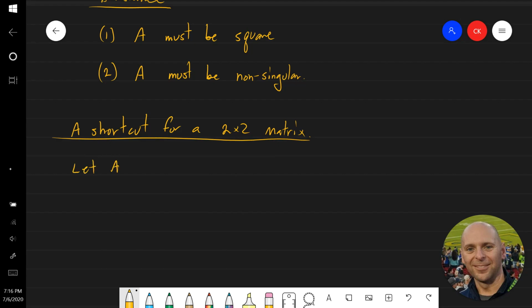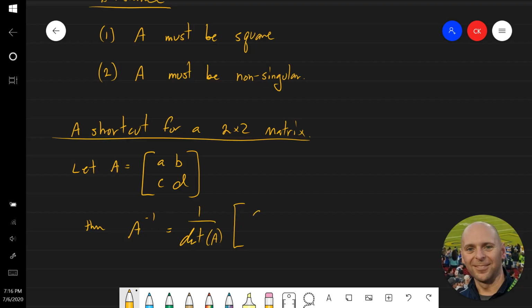We'll take A to be just a generic matrix, A, B, C, D. Then A inverse, again, if it exists, is equal to 1 over the determinant of A. And I know we haven't talked about determinants, but that's okay. And then it's times D, negative B, negative C, and A.